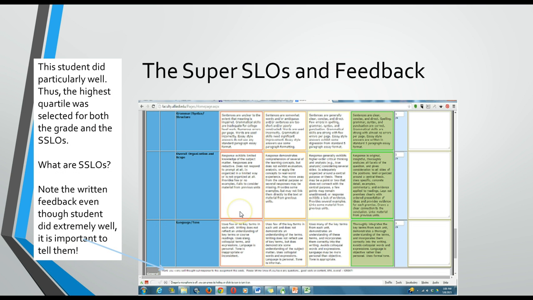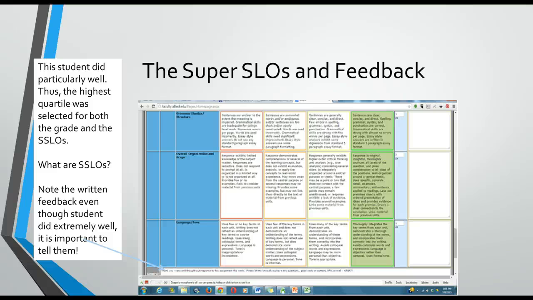So what about these super SLOs? Well, you saw the one for APA citation on the previous slide. These are the ones that are built inside this course. We're looking at the student's ability to write in standard American English and use correct citation. The weighting of these will be approximately 20% of the assignment.